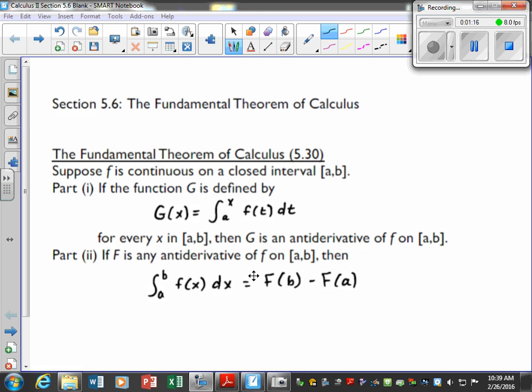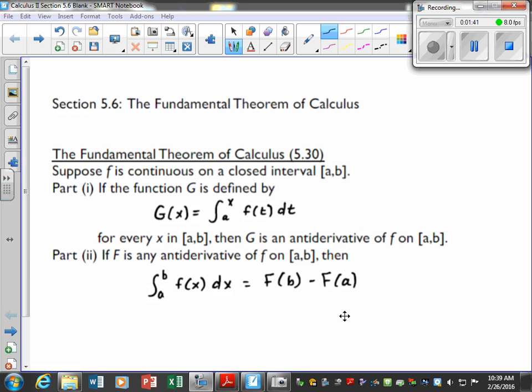For part 2, if F is any antiderivative of f on a to b, then when you evaluate it, it's just going to be F of b minus F of a. The result of this will allow us to evaluate definite integrals using the antiderivatives of f of x without taking the limit of the Riemann sum.